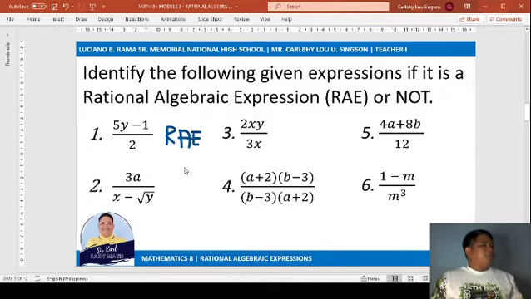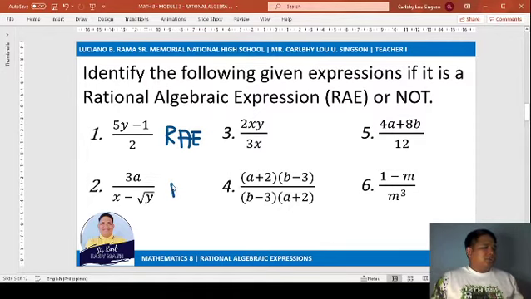Anyways, number 2: 3a over x minus square root of y. The numerator is a polynomial, that's okay. But if you observe the denominator, there is a square root of y, which is a radical expression and not a polynomial expression.